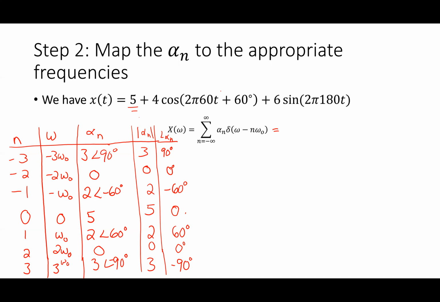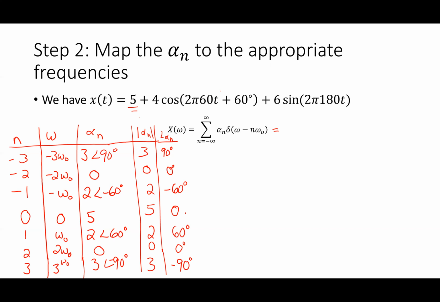But for most of the values of n, what's true about the alpha n? What's true about the alpha n for almost every n value between negative infinity and positive infinity? Well, for most of them, they are equal to 0, right? The only ones we were concerned with were basically negative 3, negative 1, 0, 1, and 3.